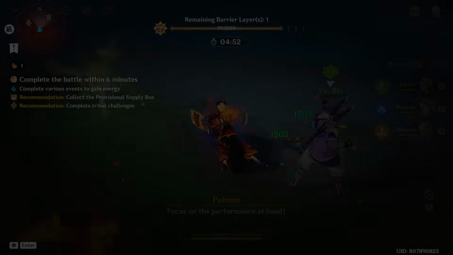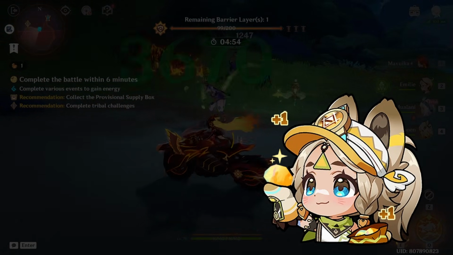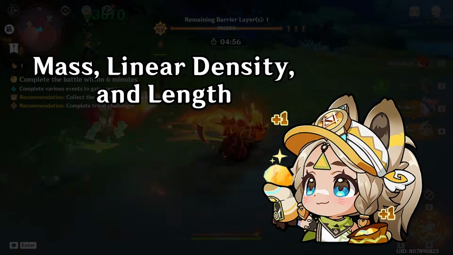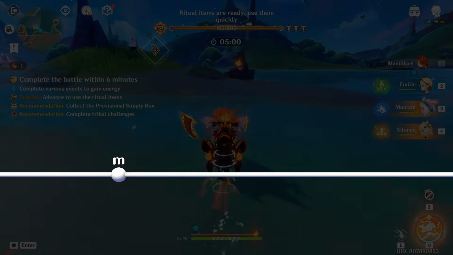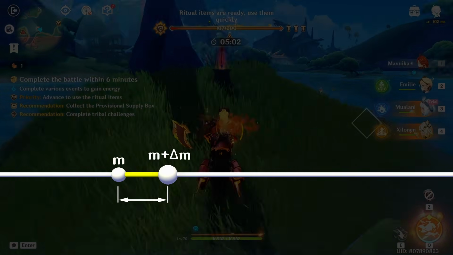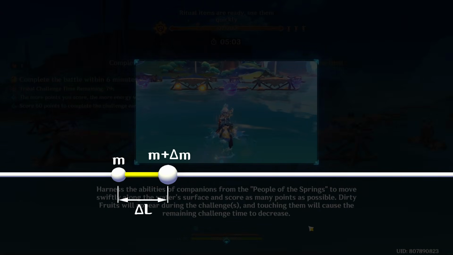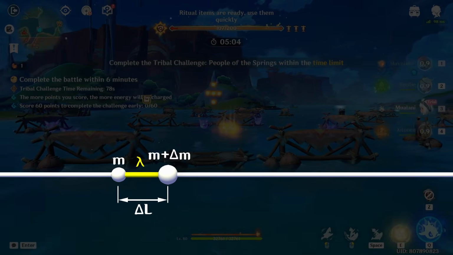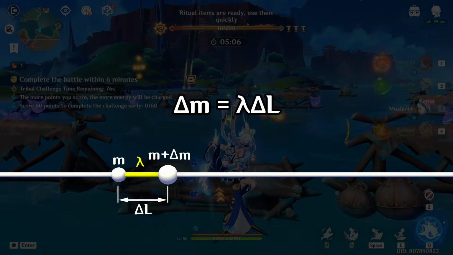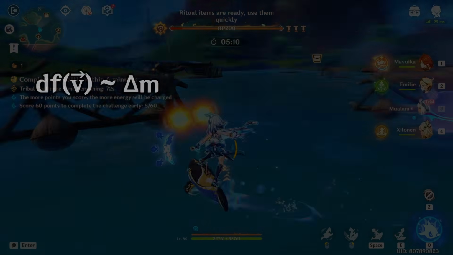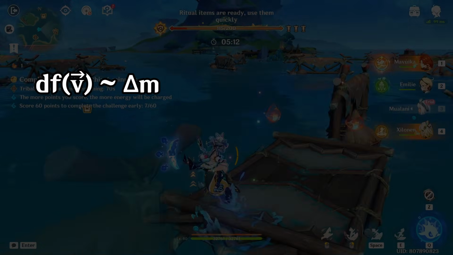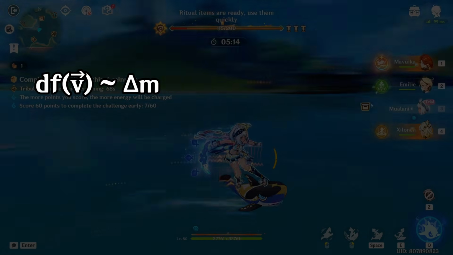If you want an analogy, consider the relationship between mass, linear density, and length. If you pick a point on a wire and then move a certain length, so essentially a change in length, and multiply that by the linear density, you essentially get the change in mass. In our case, the total change in a quantity is like the accumulated or removed mass.